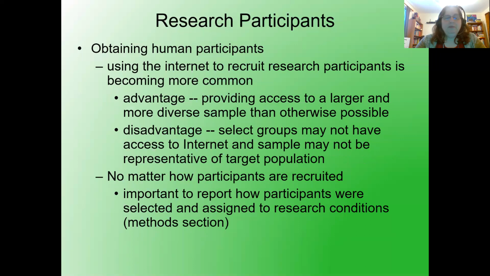And the sample may not be representative of the target population. I think we talked about some other disadvantages as well a little while back, right? That your participants may walk away in the middle of a study, or they may take your study more than once unless you have controls around that. But no matter how the participants are recruited, it's important to report how participants were selected and assigned to the research conditions. That's in the method section.